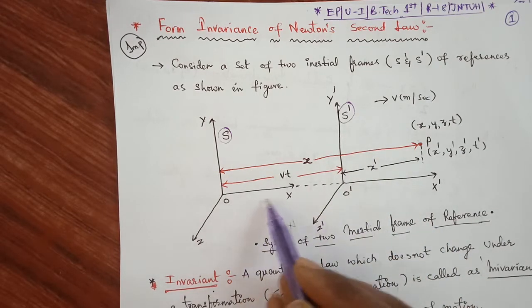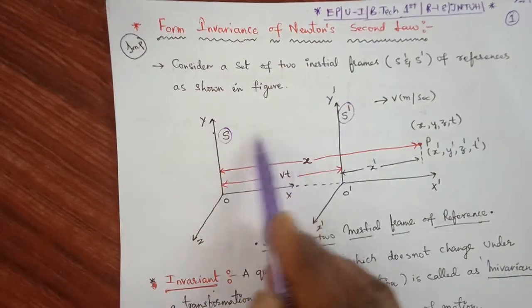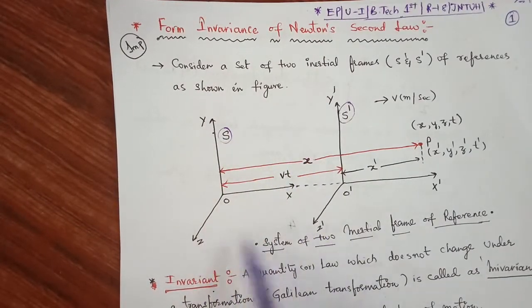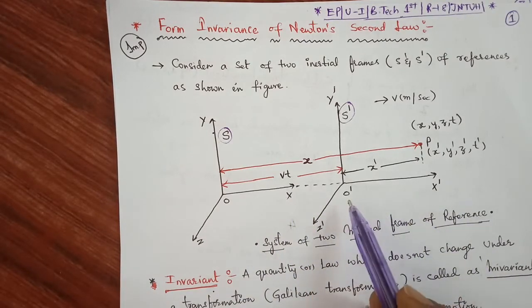The y and y dash are parallel to each other, z and z dash are parallel to each other, and x and x dash are also parallel to each other. They are in relative motion.